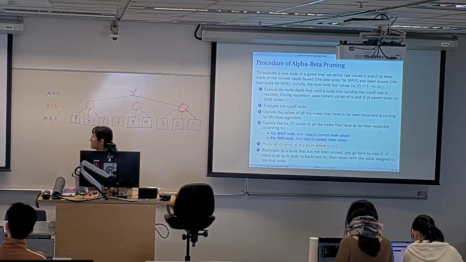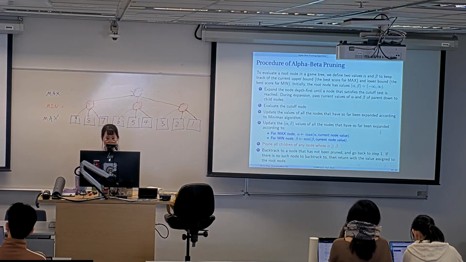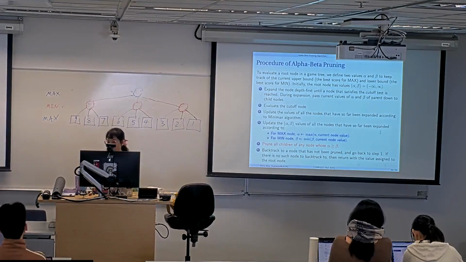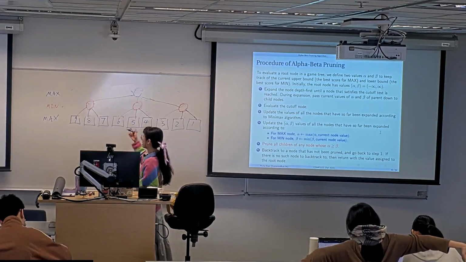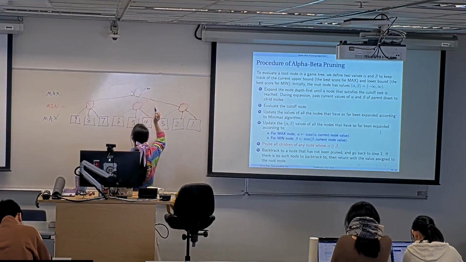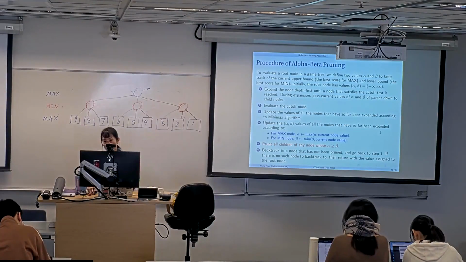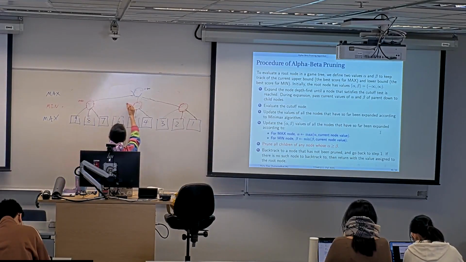Alpha beta pruning adds some new steps on top of Minimax. That means what we have done for Minimax, we still need to do. For all the nodes, we still need to initialize their values. The max nodes are still initialized as negative infinity, and the min nodes are still initialized as positive infinity.